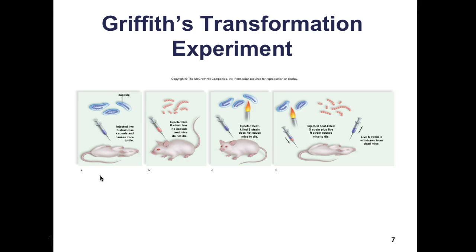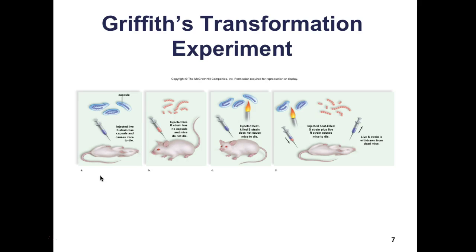Griffith then took the S strain and heat shocked it. And when he injected that heat-shocked S strain, the mouse ended up living. But he then took that heat-shocked strain and mixed it in with a live culture of the non-pathogenic strain of the pneumococcus.